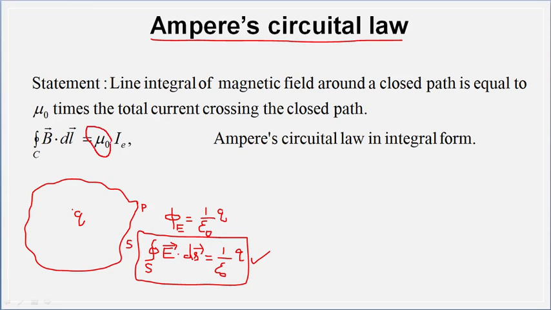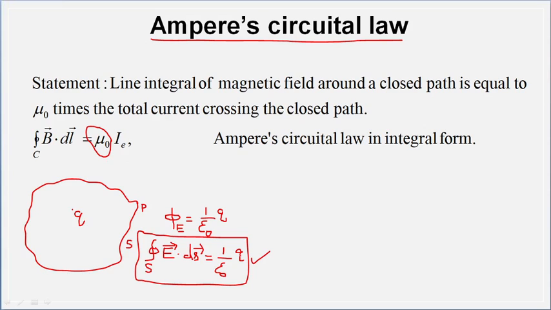And I had mentioned this: most of the equations in magnetostatics you can get from electrostatics by replacing epsilon 0 by 1 by mu naught. Epsilon 0 is the permittivity of free space, mu naught is the permeability. So you can replace it.